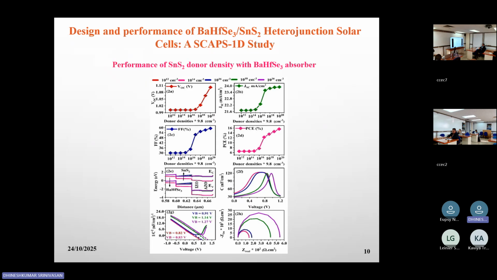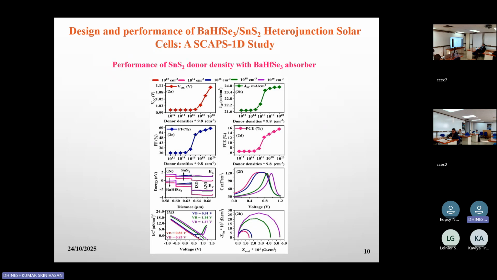And in this slide, we discuss the performance of tin sulfide donor density with the barium hafnium selenium absorber. Tuning the donor density of the tin sulfide buffer layer is crucial for enhancing solar cell performance. At donor density up to 10^14, the VOC, JSC, fill factor, and PCE remain largely unchanged.